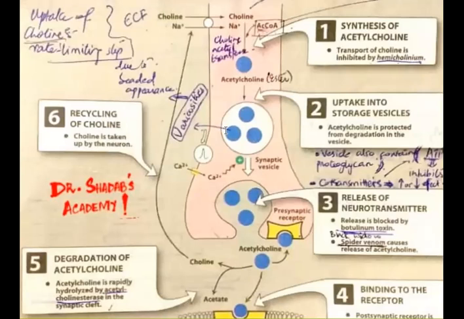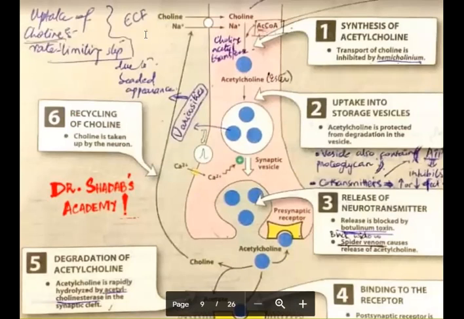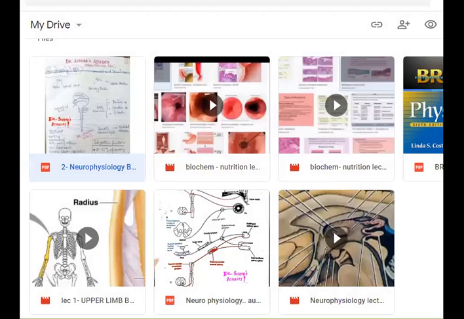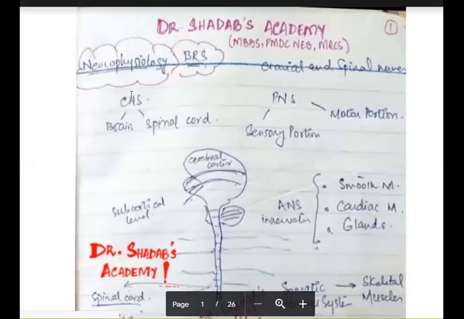Okay, but we will start from the beginning. Now, for example, this is the neuron. This is inside the axon and the dendrite, and at this particular level, we have the extracellular fluid, the ECF.